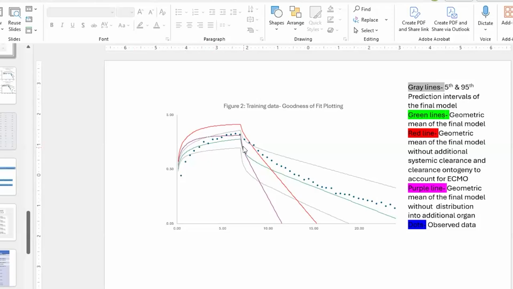And so this green line right here predicts what we estimated that the average patient between 0 and 2 years would look like.